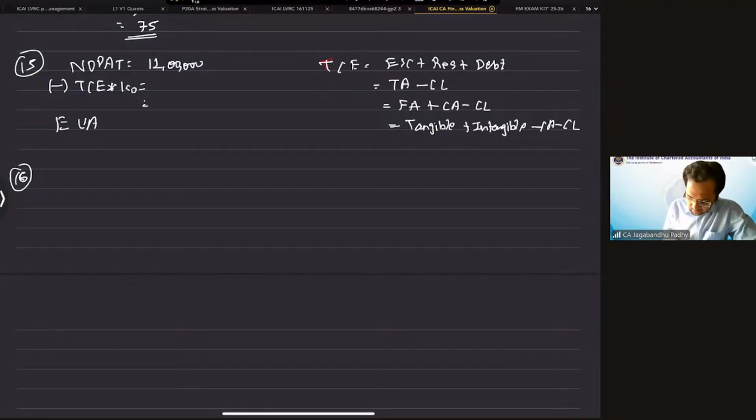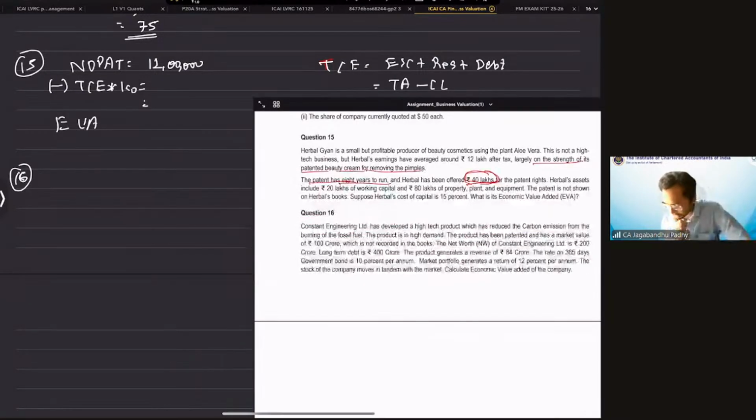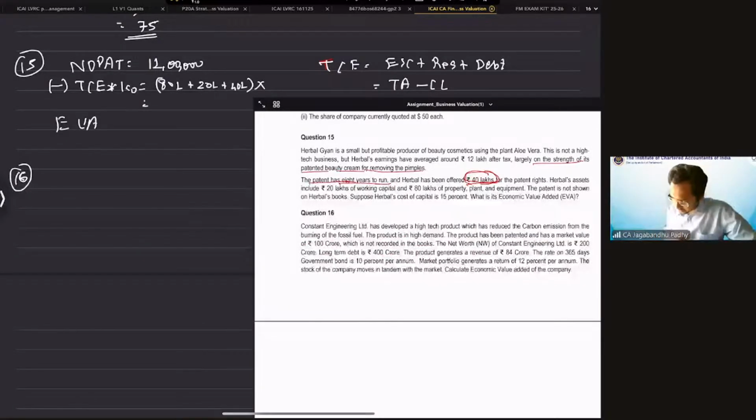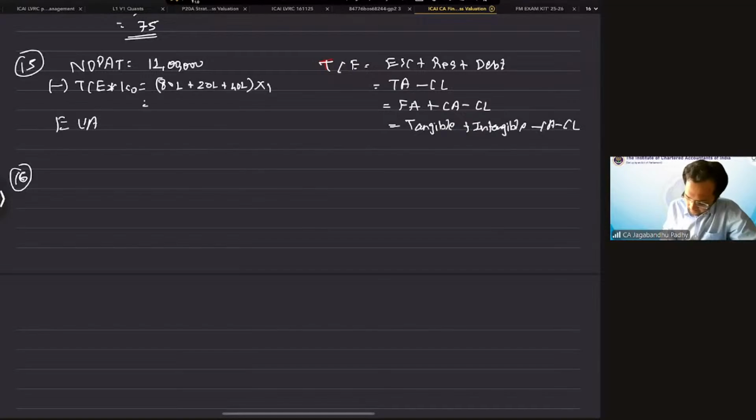True. So the total assets will be 80 plus 20 plus 40, right? 80 lakh plus 20 lakh plus 40 lakh, into the weighted average cost of 15%.